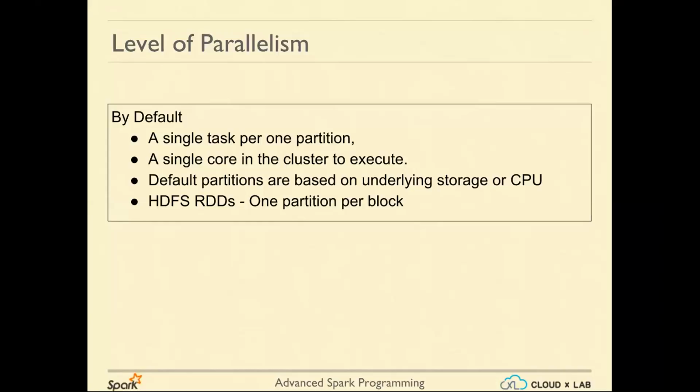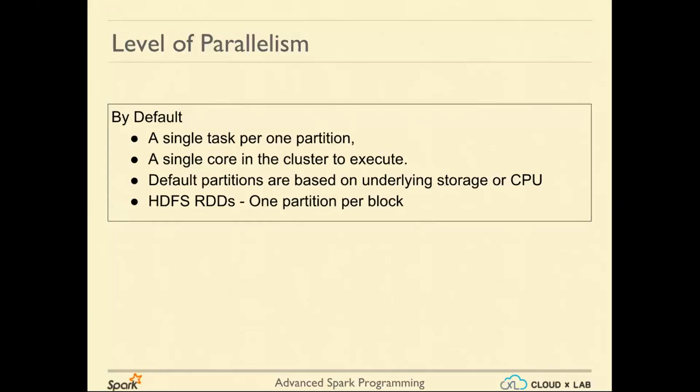So Spark provides you one key thing to control the parallelization, that is the number of partitions, because there is one task per partition and one core in the cluster to execute it.